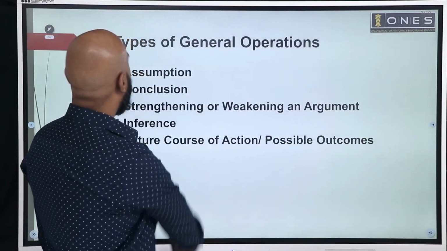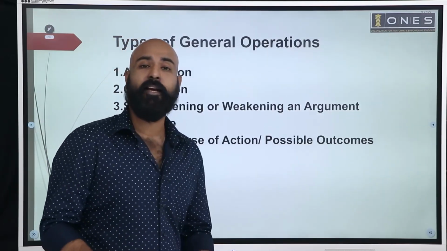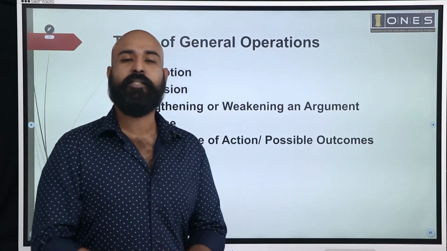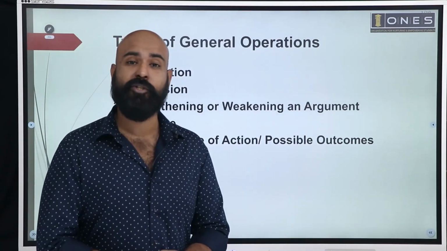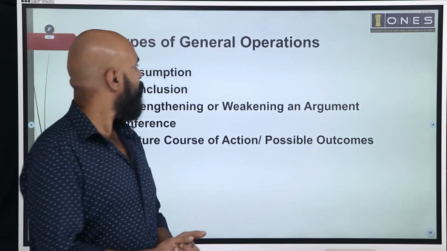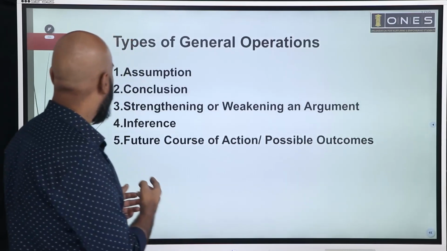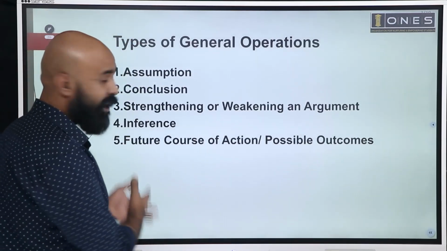Now, the types of general operations that you can face when it comes to critical reasoning. Like I mentioned, you'll find one passage and one question based on the passage, or multiple questions based on the passage. But there are always these 5 general operations. 4 of which are very common.